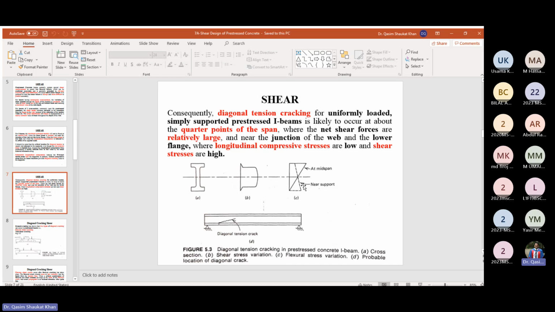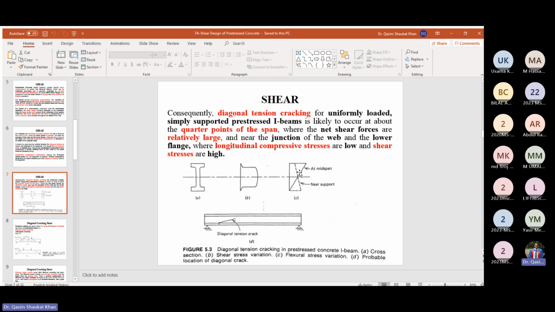And you can see over here these two lines, basically they are showing you the hogging and sagging. At the midspan, there will be sagging. So at the bottom you will have tensile stresses, and at the top you will have compressive stresses, and near the supports, you have the hog.